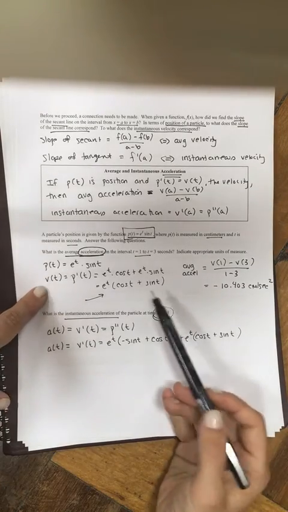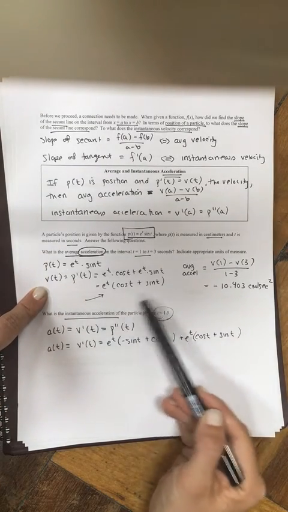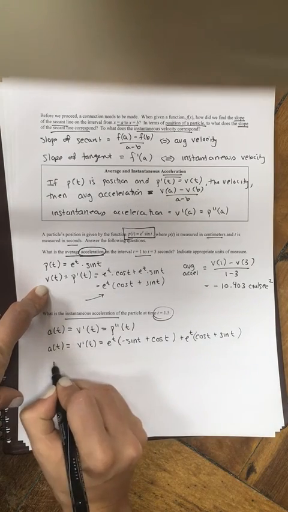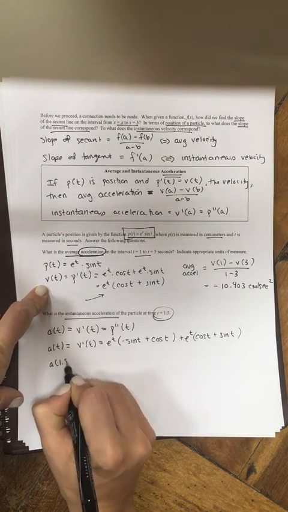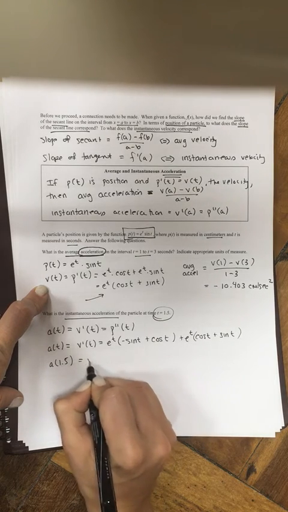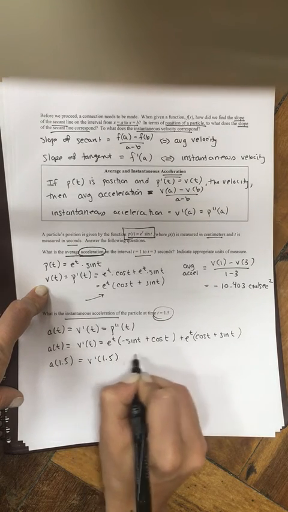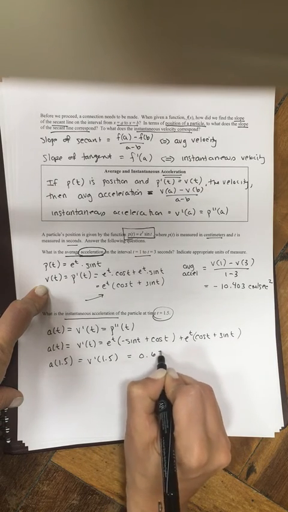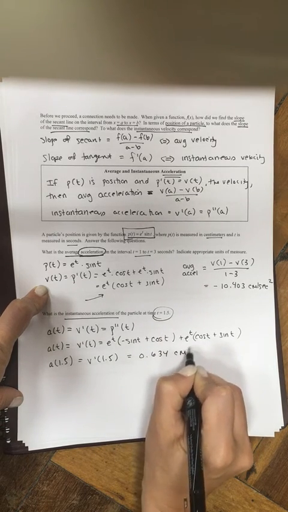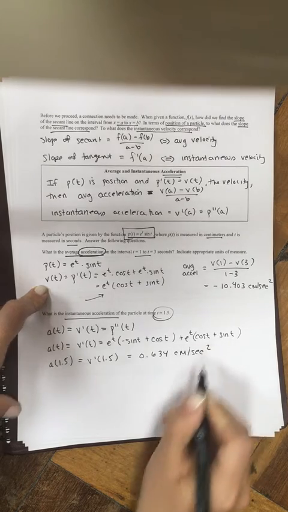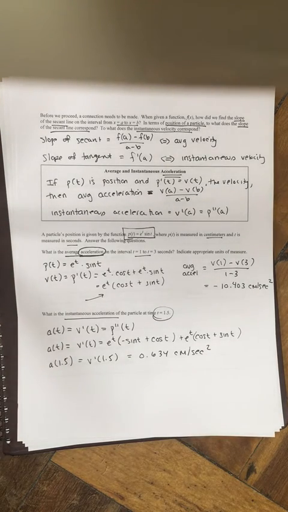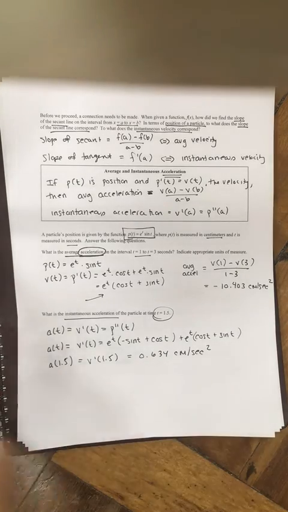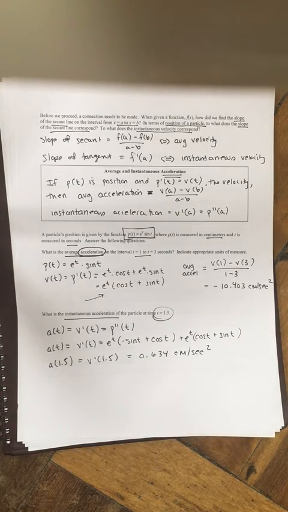So really you can go back in and plug this in and use the derivative function, and we're going to be able to say that the acceleration at 1.5 seconds, which is the same thing as v prime at 1.5, is equal to 0.634 centimeters per second squared. Okay, let's take a look at a couple more things here.